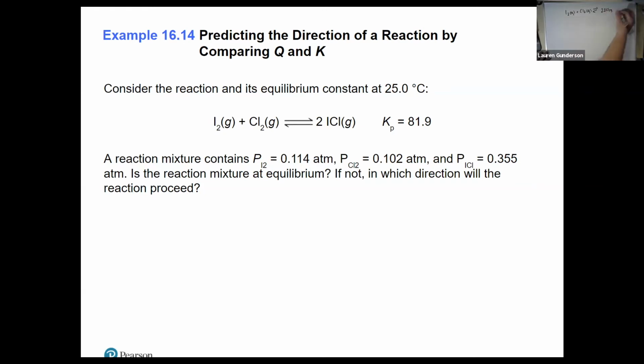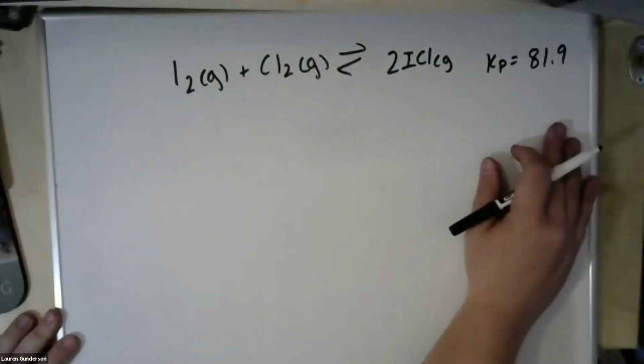Okay, and our Kp here is 81.9. So there's our reaction, our Kp value.